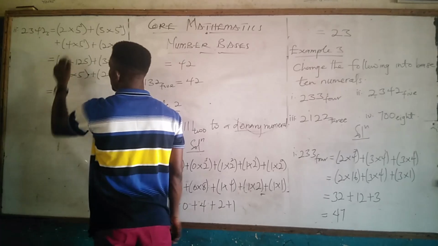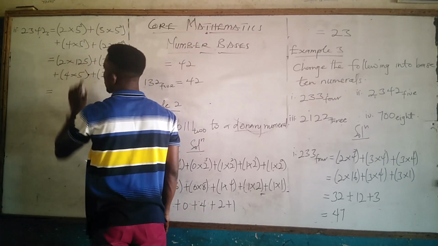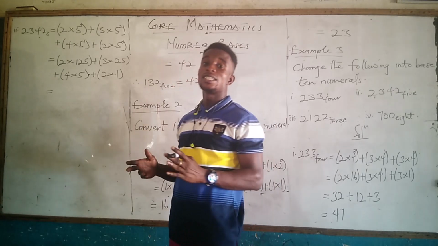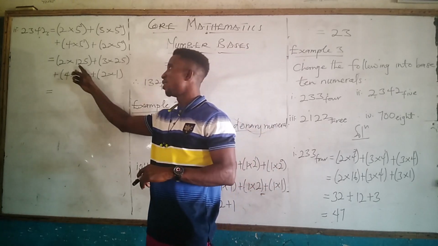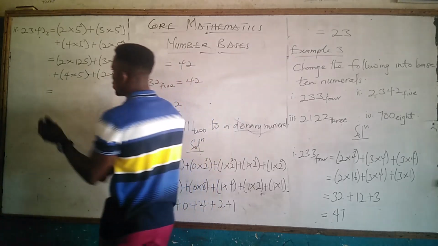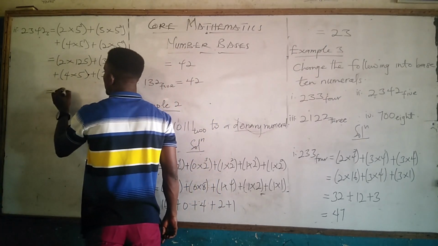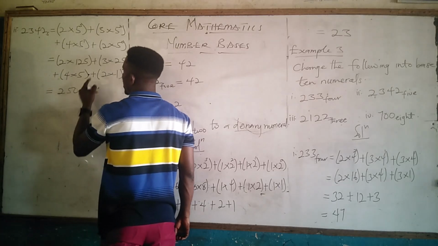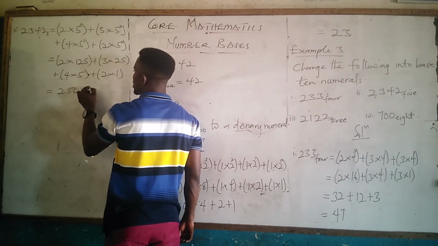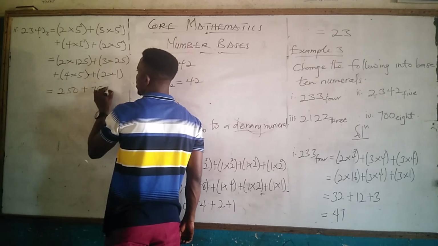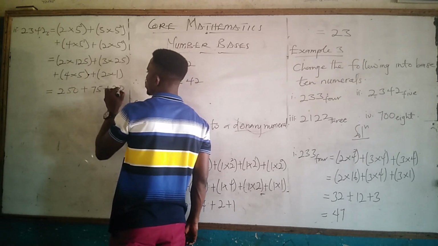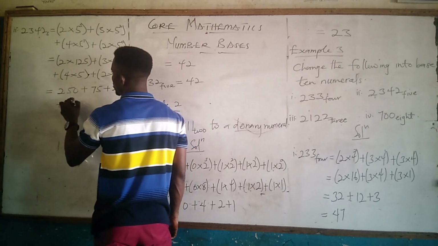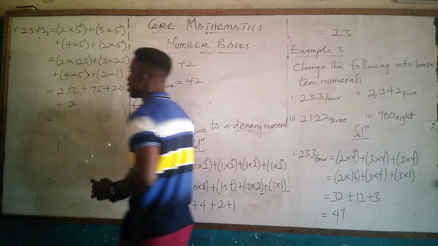Okay, then this one will get me 125 times 2, can I say 250? Because meaning 125 twice. So 250. Then plus 75 plus 20, then plus 2.